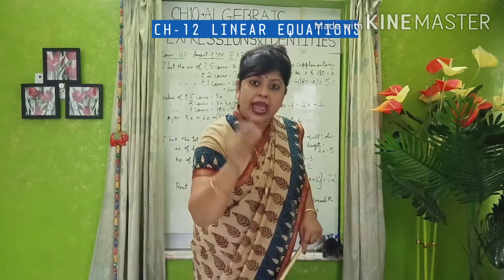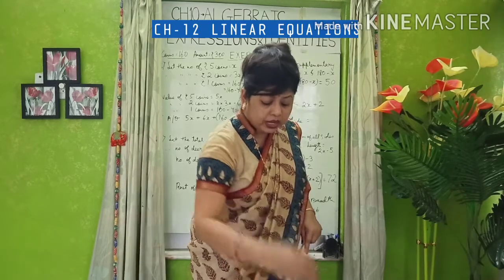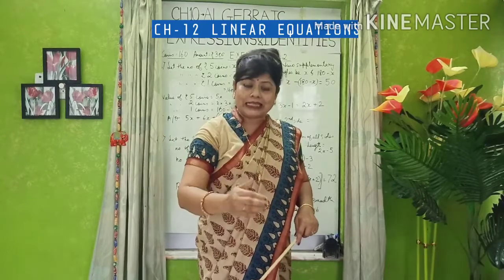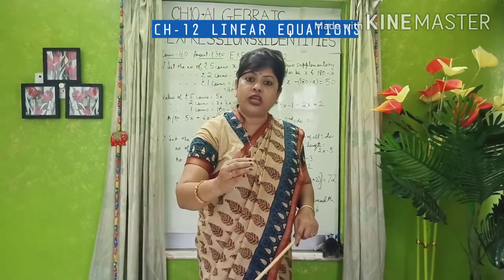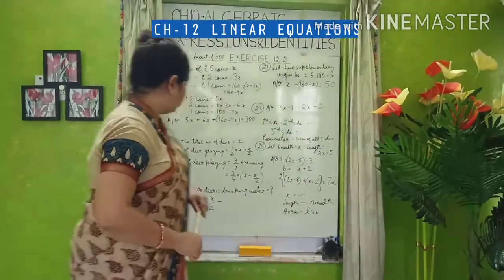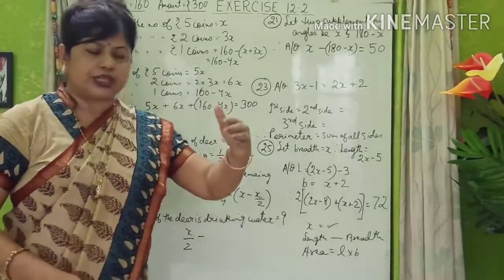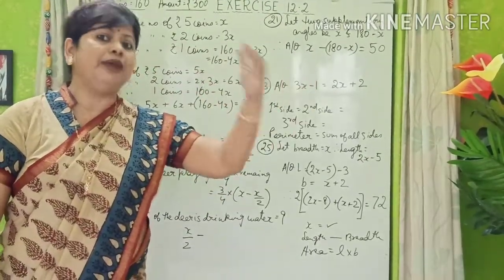So here, as in the question's relationship, you see the number of 2 rupees coins is 3 times the number of rupees 5 coins. So let the number of rupees 5 coins be x. What will be the number of rupees 2 coins, as it is 3 times? 3x.